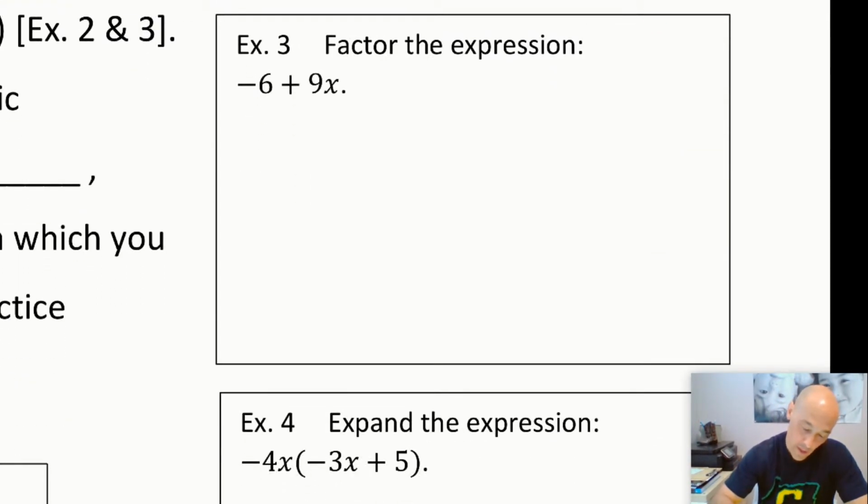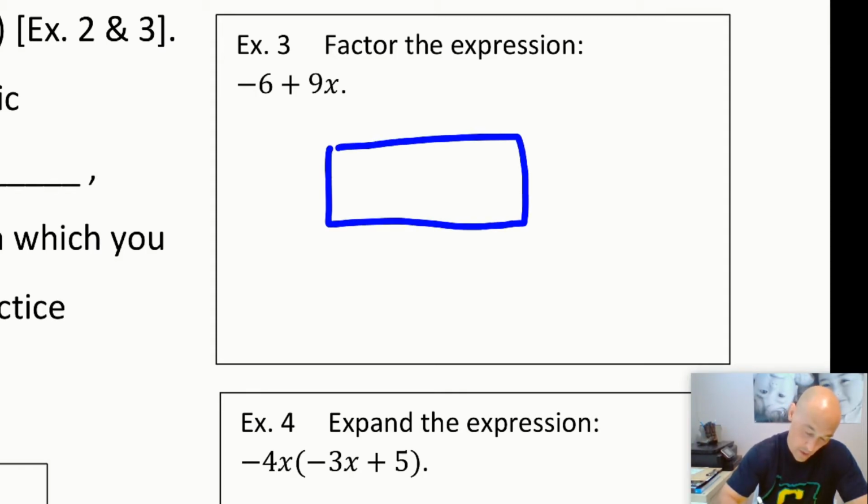Similarly, we'll do this one here. So we have a negative 6 and 9x. So this is negative 6 plus 9x. Both of those terms, negative 6 and 9x, are divisible by 3.